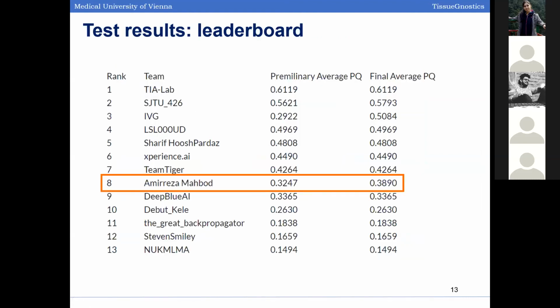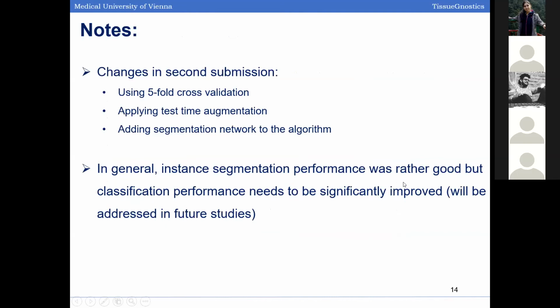And here are the results of the test set, which were calculated by the challenge organizers. As you can see, I had 2 submissions, and in my second submission, I had around 6.5% improvement. And here are the main changes that I made between my first and second submission.